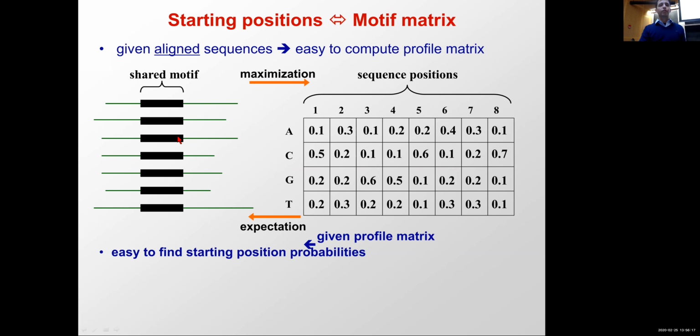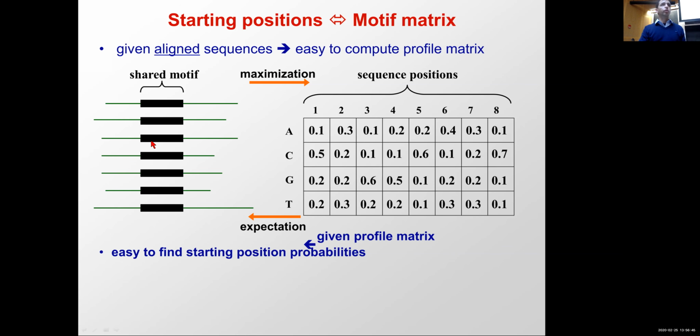This sounds like magic. If I start with crap, I'm going to end up with crap in the next iteration, right? So if this is a completely nonsensical sequence and that's a completely nonsensical sequence, how could I possibly ever converge on the motif? That would obviously be your question. And the answer is that because you assume that the motif is enriched, you have a slightly higher chance of landing on an actual motif site than on a completely unrelated site.